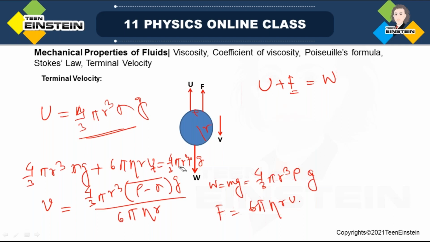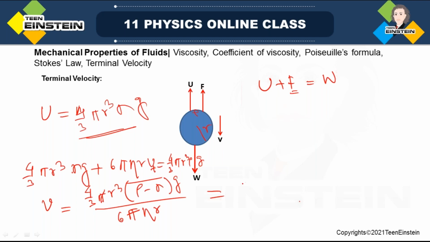So if we simplify a bit, I'll just clean this portion so that you understand it better. Now let us simplify this calculation. 4 by 6, so it is 2 by 9.